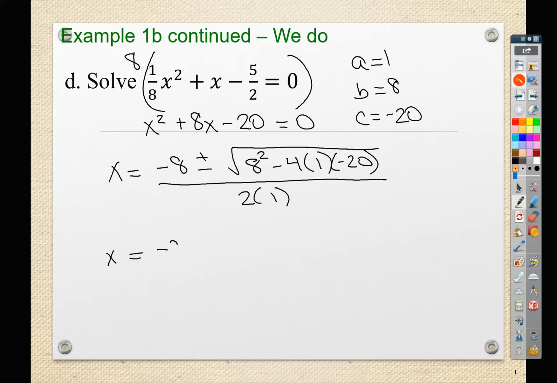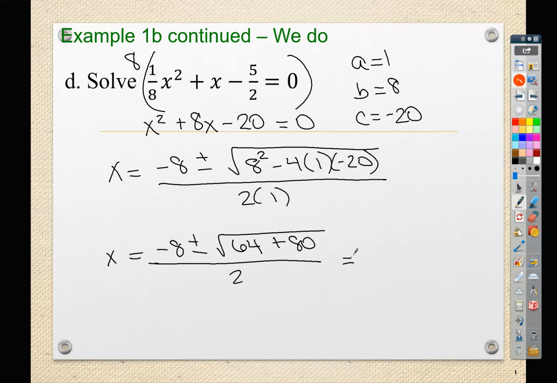So if I combine like terms, let's do under the radical. 8 squared is 64. -4 times -20 is a positive 80. And now if I add, let me erase this a little bit, give us some more room. Okay.